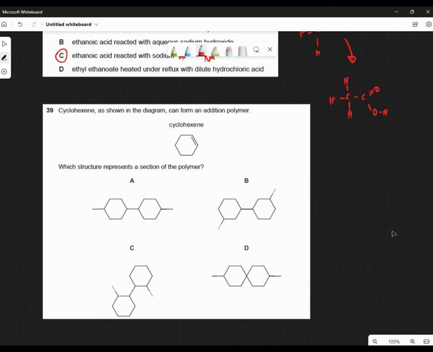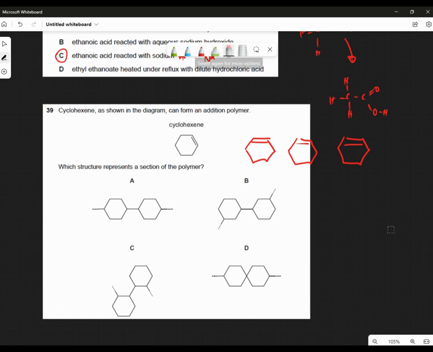All right, cyclohexene shown in the diagram can form an addition polymer. There you go. Which structure represents this? Okay, so if you've got 2 of these, let's try and draw this nicely. Draw 2 next to each other. Okay, and then let's draw 3.